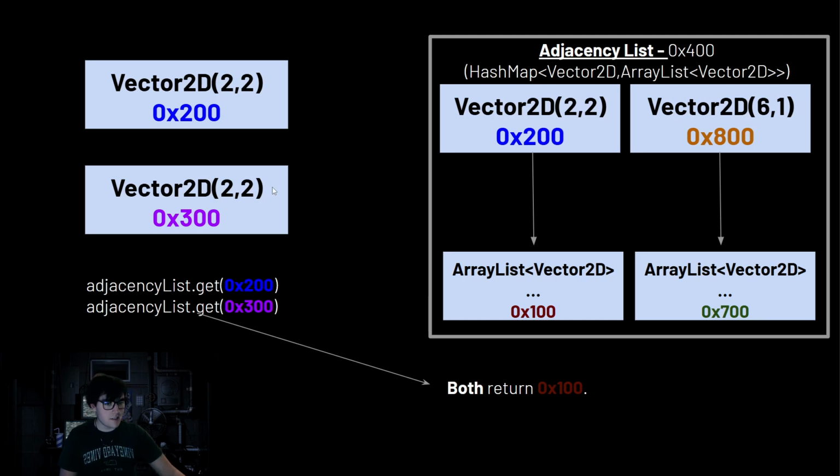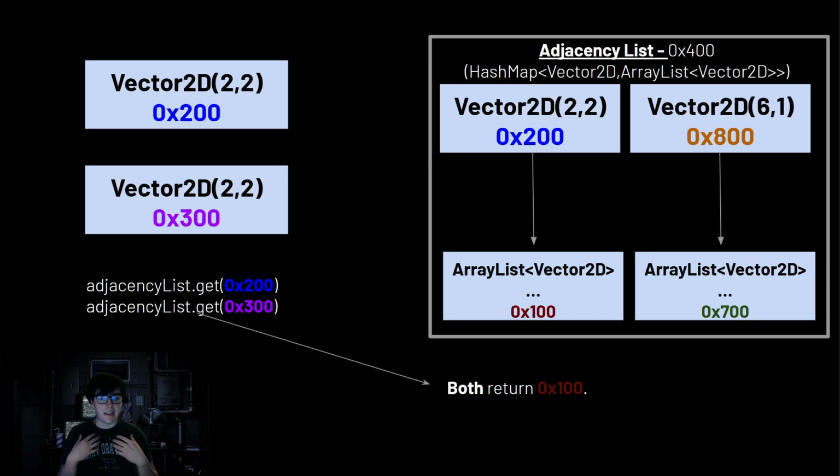The reason for this, to put it simply, is that when we are comparing these two vector objects now, we are not using their memory address or any other random information. We are using the x and y values of the vectors. They're the pure actual data that we care about to say, is this vector equal to that one?